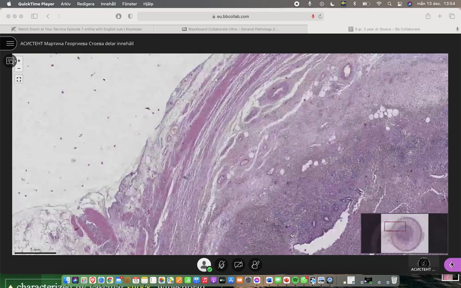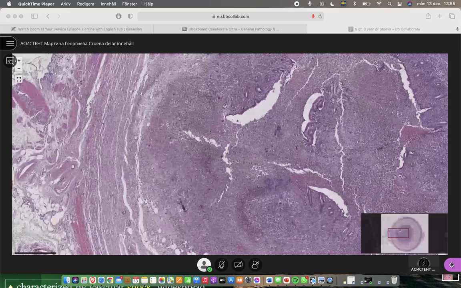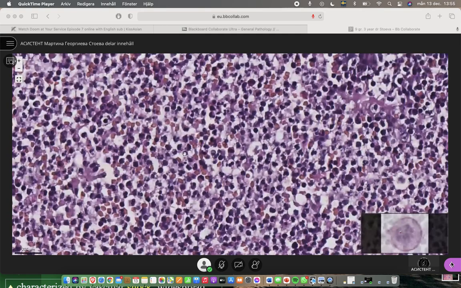Here on the slide, it's quite well visible that we have some dark areas throughout the whole layers of the wall. And these dark elements are exactly the inflammatory cells. When we start from the lumen, we can find many neutrophils. Then we move to the outer layers. This is the submucosa.